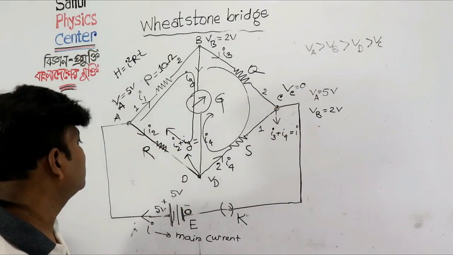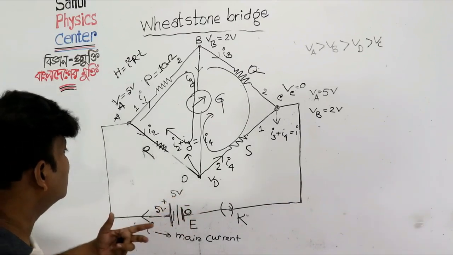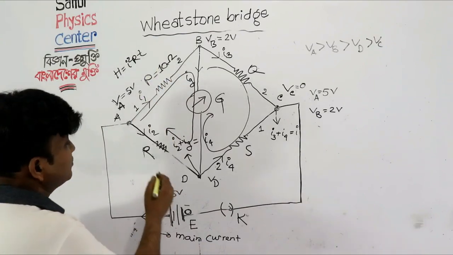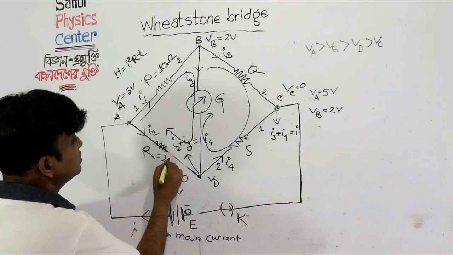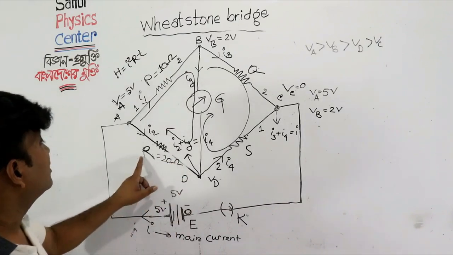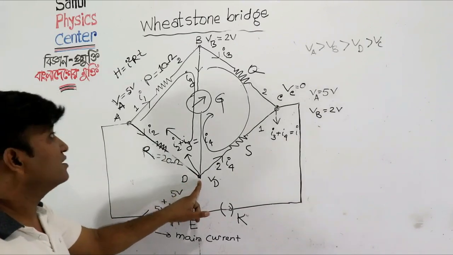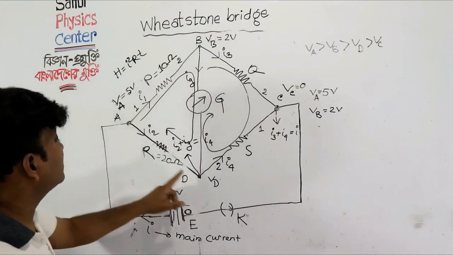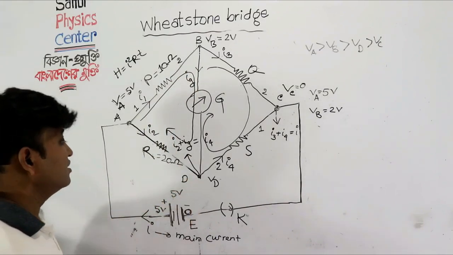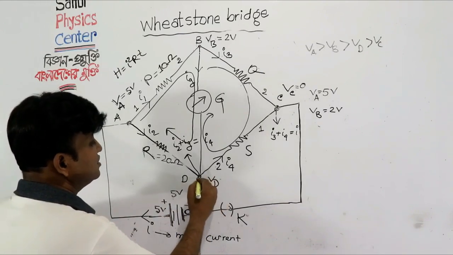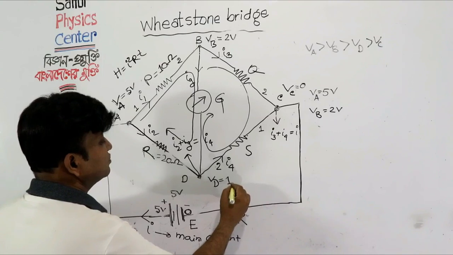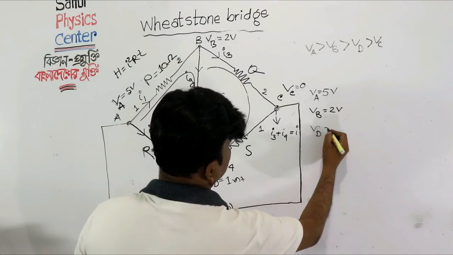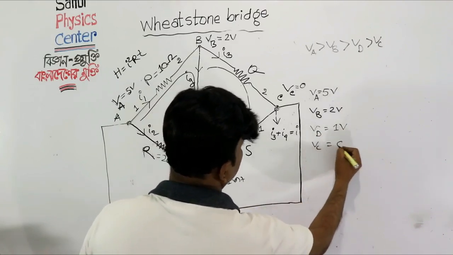Now at point D, if we use a resistance which is greater than the value of P, suppose it is 20 ohms, then the voltage drop will be greater than along the path AB. Suppose here the voltage drop is 4 volt. Therefore, the potential at point D will be VD equals 1 volt. So we get VD equals 1 volt and VC equals 0.